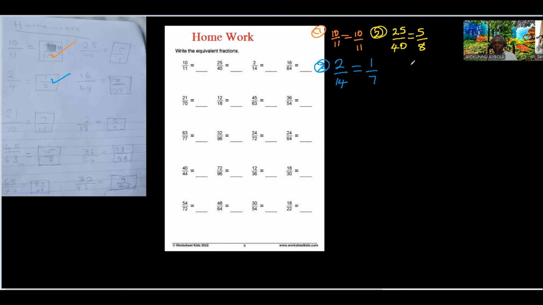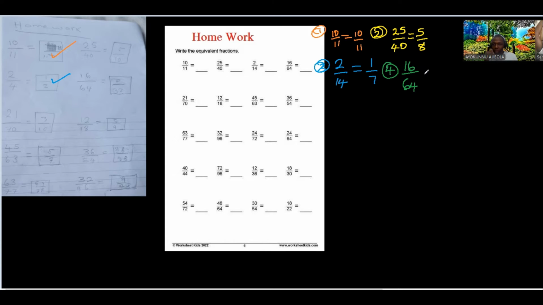Okay, let's go to the next one. Number 4. We have 16 over 64. You can decide to divide with any number that can divide both of them. So which number do you want us to use to divide both of them?